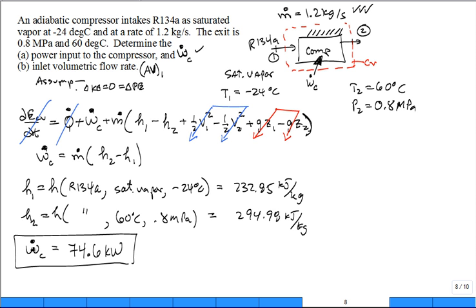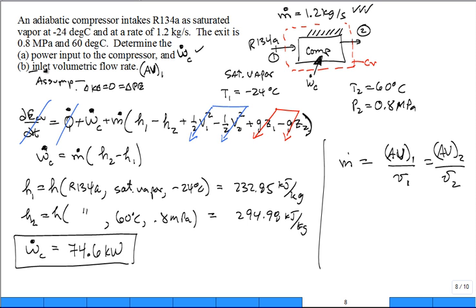What about part B? The inlet volumetric flow rate. The mass flow rate is equal to the volumetric flow rate, AV, divided by the specific volume at 1, inlet. It's also equal to the volumetric flow rate on the outlet divided by the specific volume at the outlet. But we're interested in the inlet volumetric flow rate, so AV at the inlet is equal to the mass flow rate times the specific volume at 1.